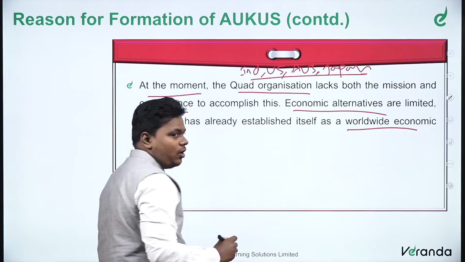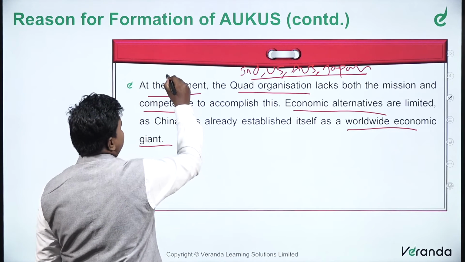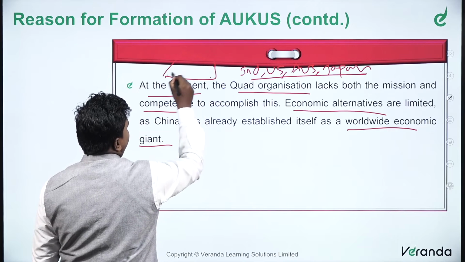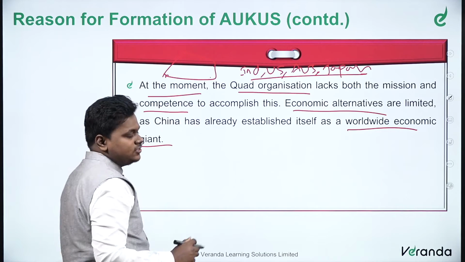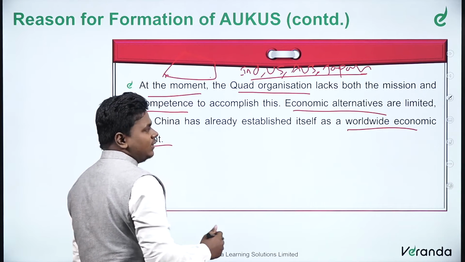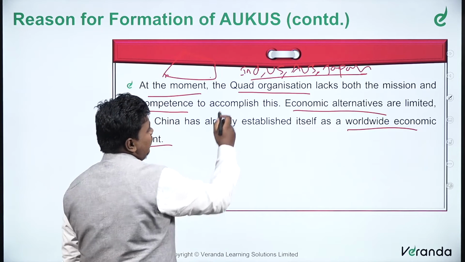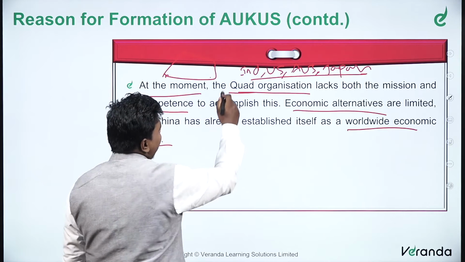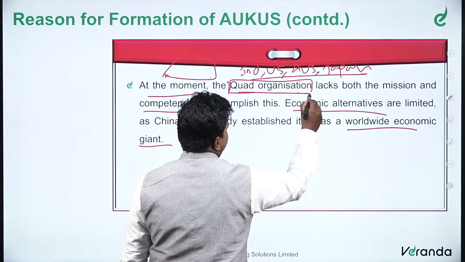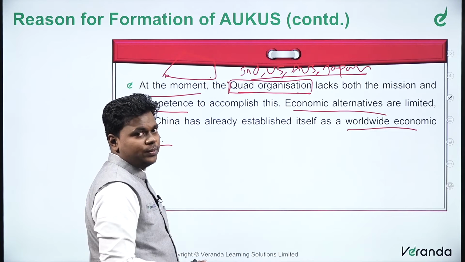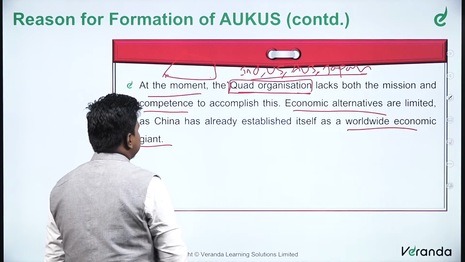When we map all these countries, it will encompass the Chinese dominance regions. That is why this grouping is very important. But now it lacks vision, because the Quad is still considered an economic-based organization rather than a military-based organization. So that is why the US is seeking a separate grouping for countering China in this context.